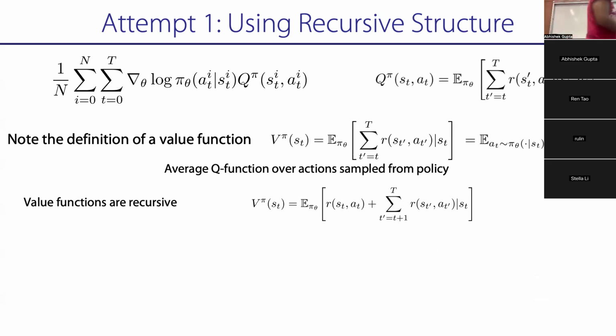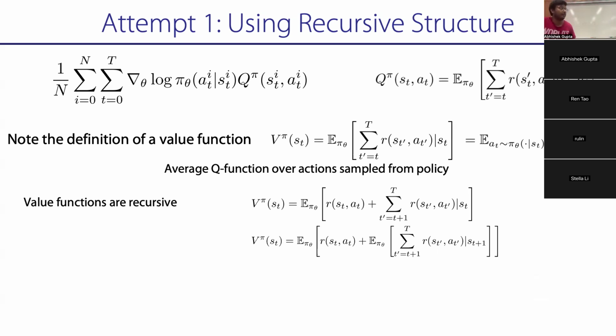And then we can say, as we said earlier, this reward doesn't depend on the future state. So you can write this as essentially the expectation of the reward now plus the expected reward in the future.